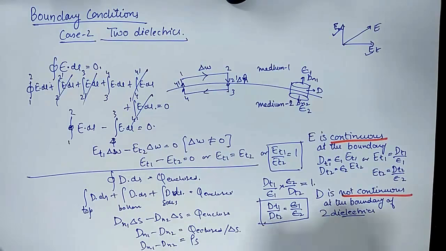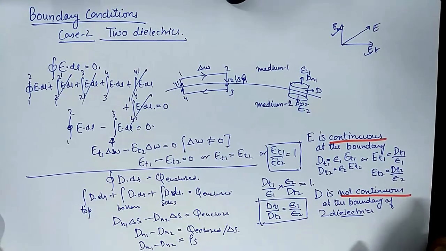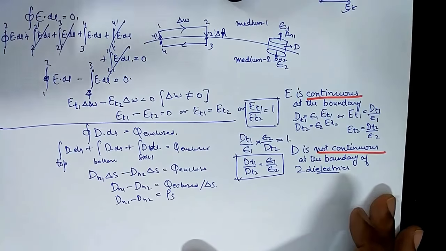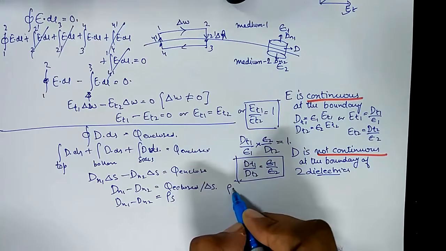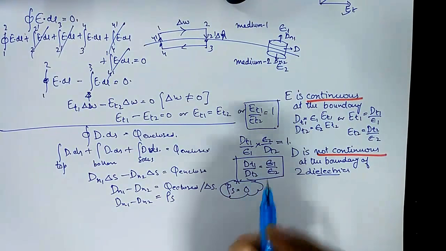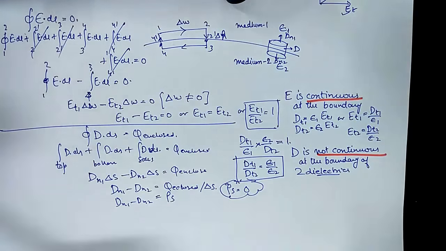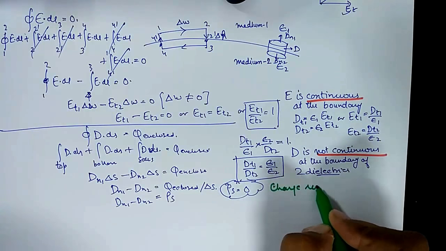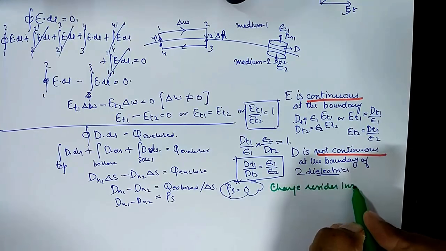Now for this case, rho s is 0, and this is the super important point here, because charge resides inside the surface.